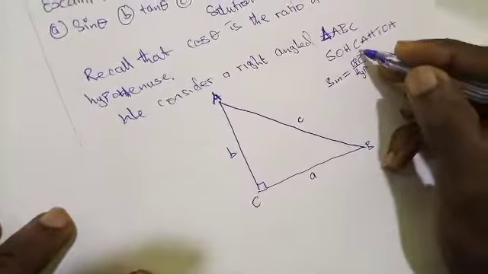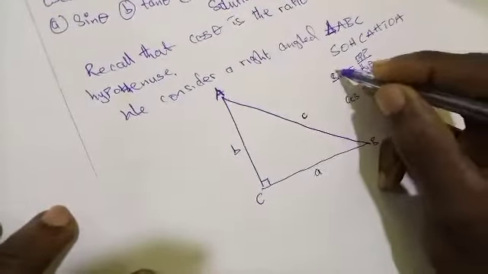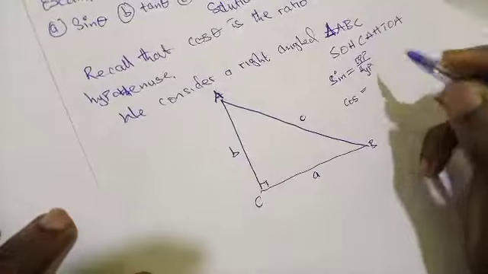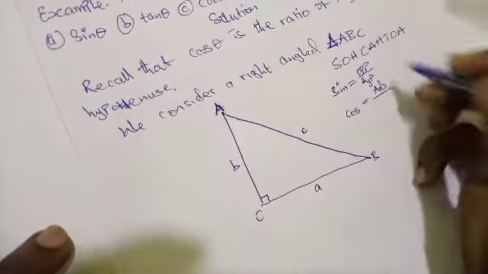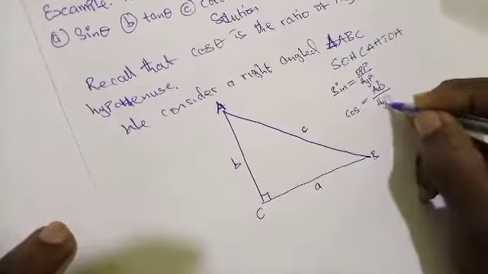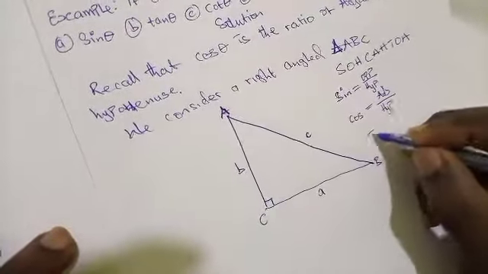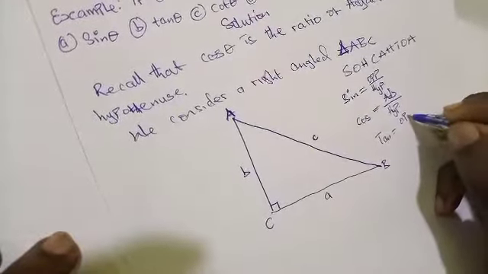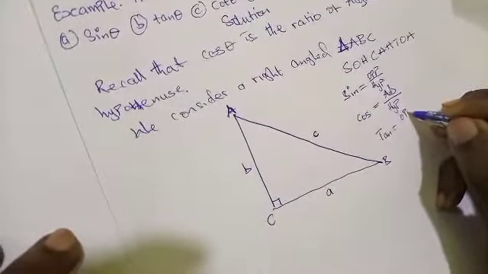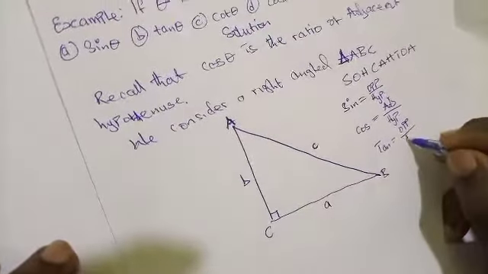And the C here is for cosine, which is cos, and is equal to A here is adjacent, and the H here is for the hypotenuse. And the T here is our tangent, which is tan, and our O is opposite, and our A here is adjacent.